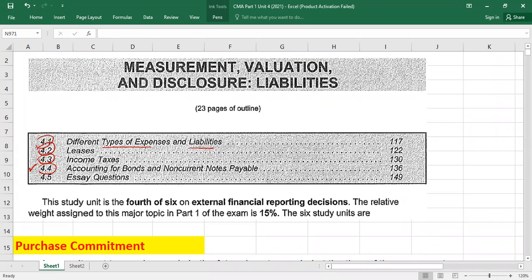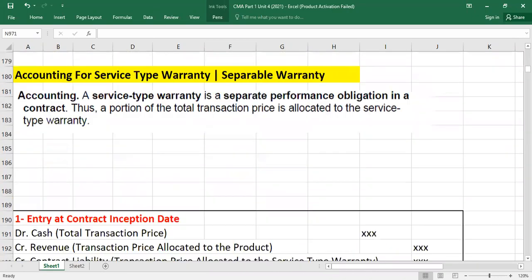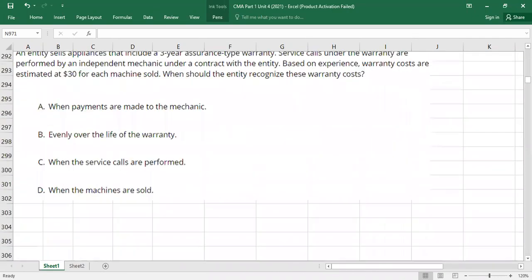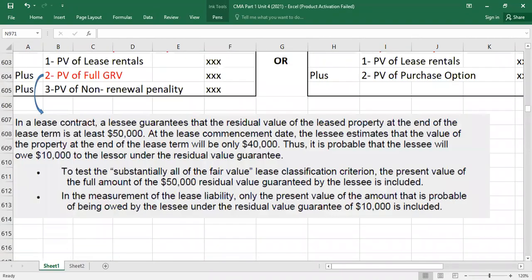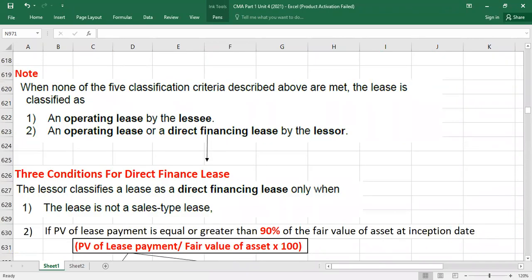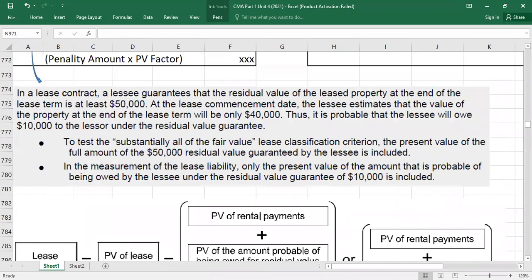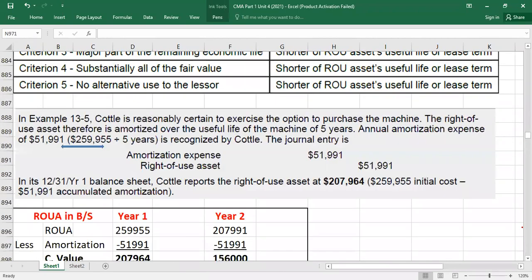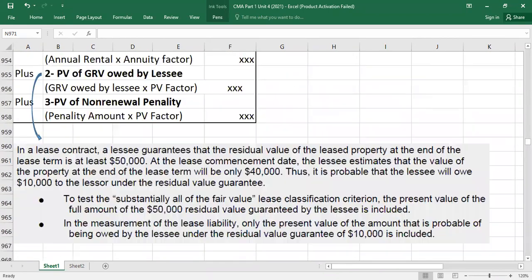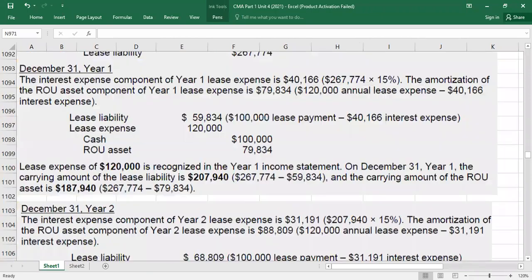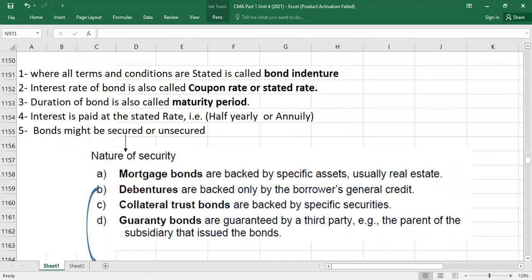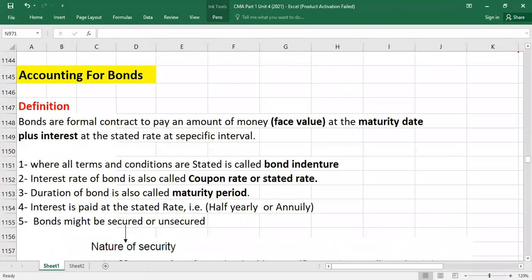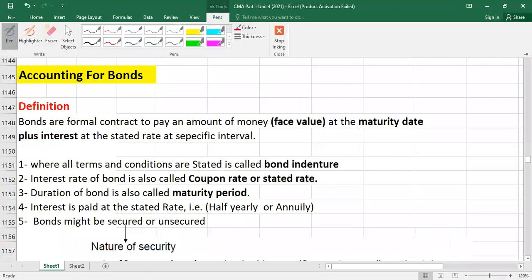So there we are moving now. So here we go, guys. Here we have accounting for bonds.